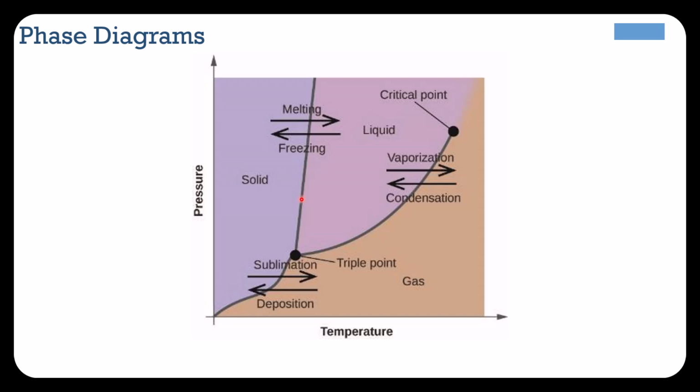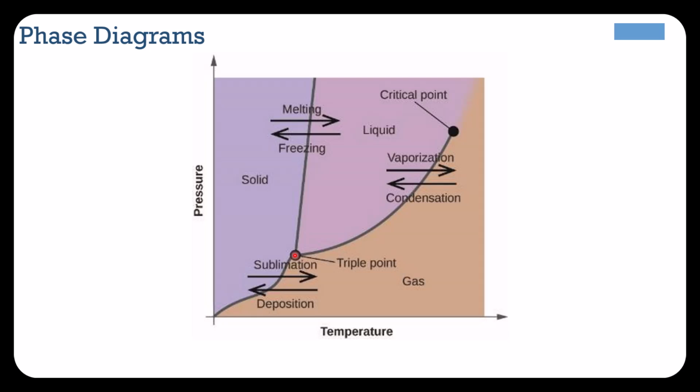I move a little bit to the left, solid, a little bit to the right, liquid. But when I am on that line, that represents the state change. And remember, during a state change, both solid and liquid are present. Both states are present.